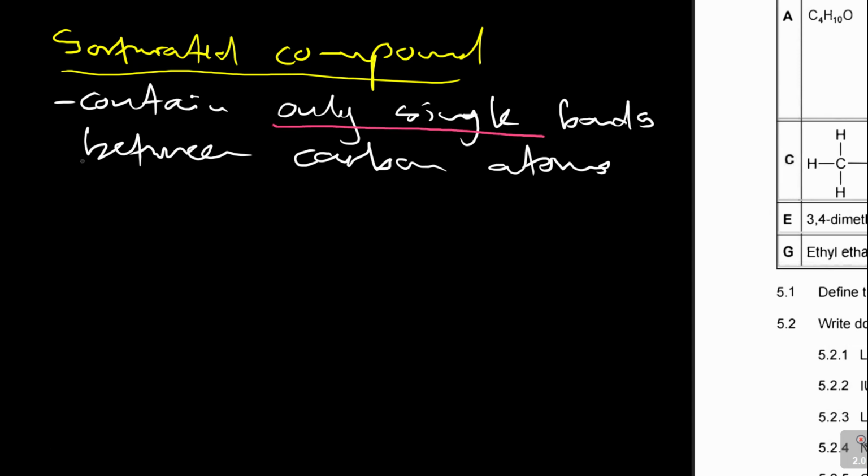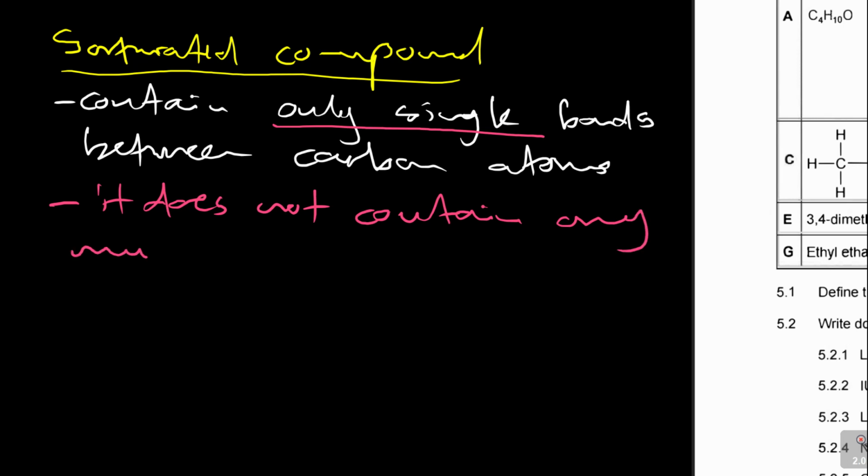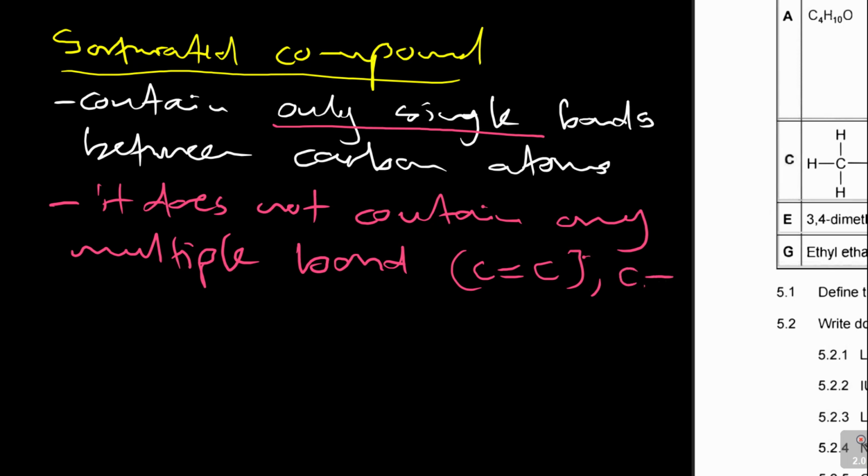Or you can use the other definition. Another approach is to say it's a compound that does not contain any multiple bonds. By multiple, we mean carbon double bonds, or we mean carbon triple bonds.